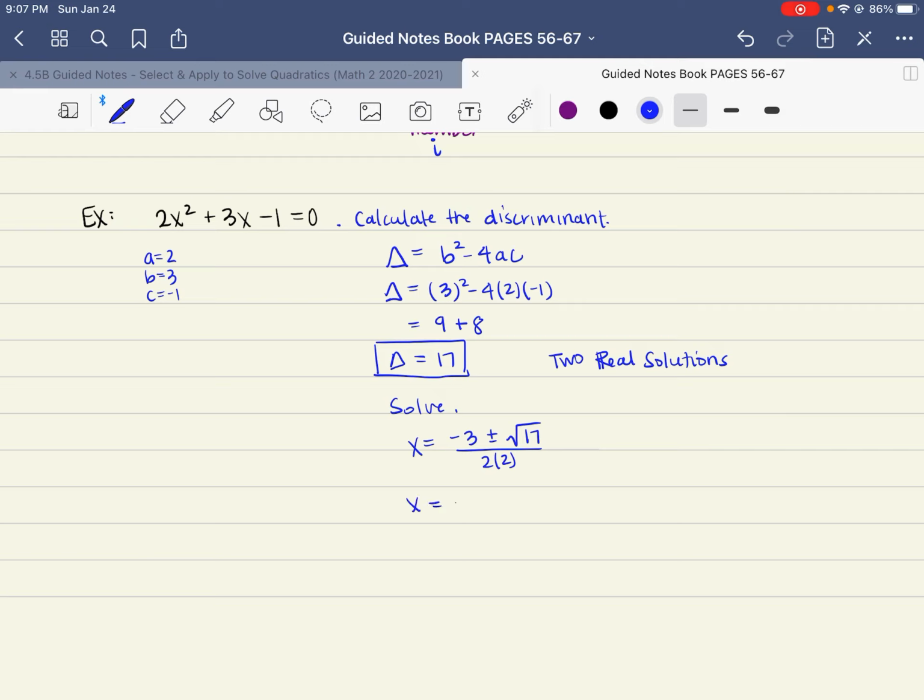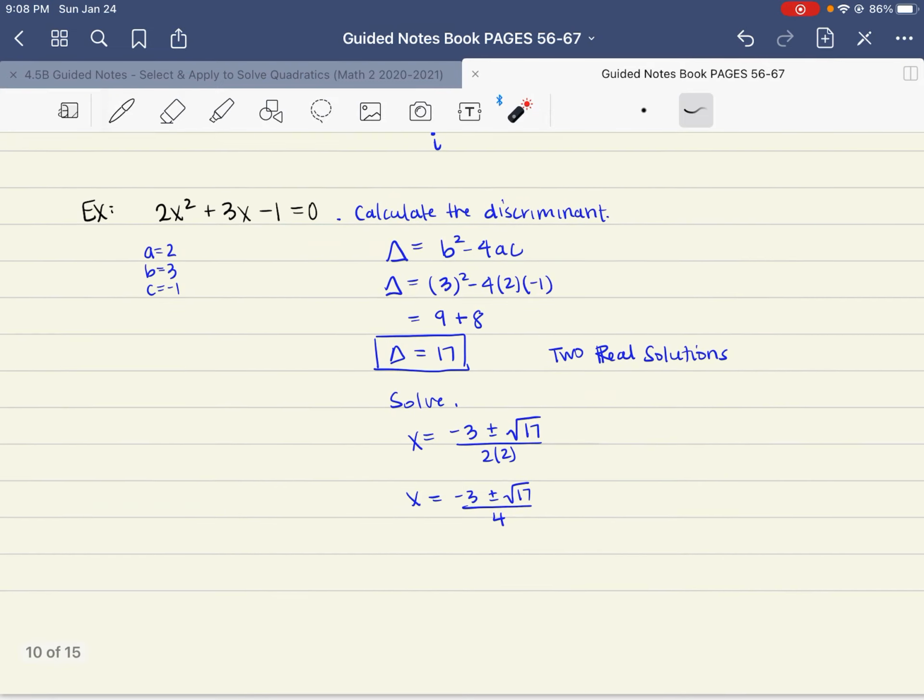So if I'm calculating the solution here, I have negative 3 plus or minus the square root of 17 all over 4. Notice here, I have two real solutions. There's no imaginary number involved, so there's no need for the i. And in this case, any positive number would give me that same situation.